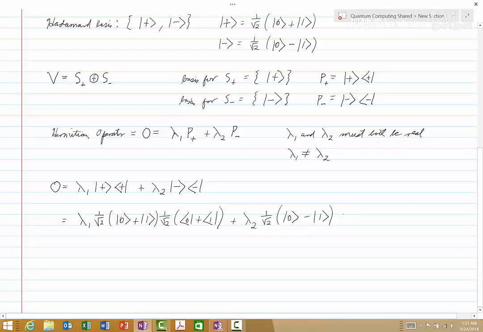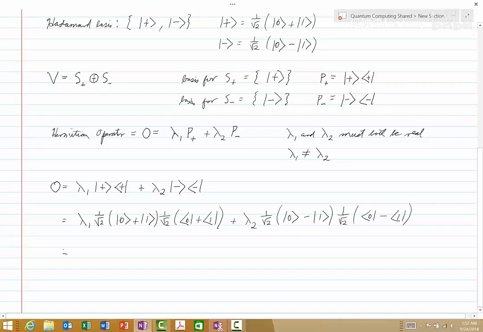And then for the minus bra here, we have 1 over square root of 2 times the 0 bra minus the 1 bra.